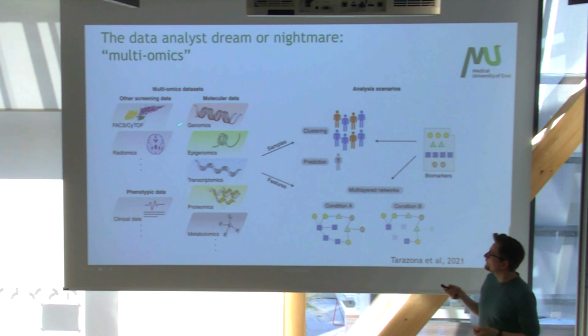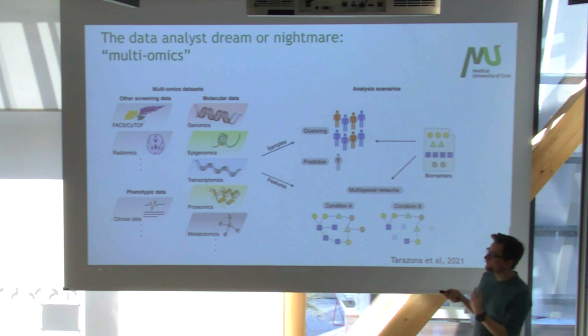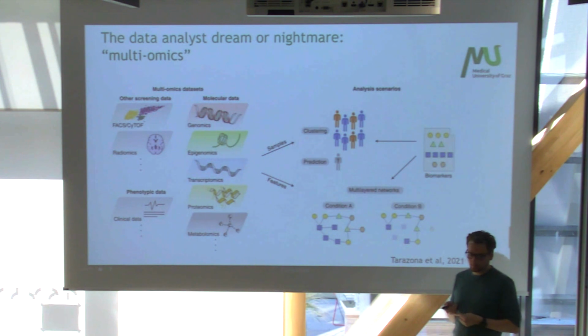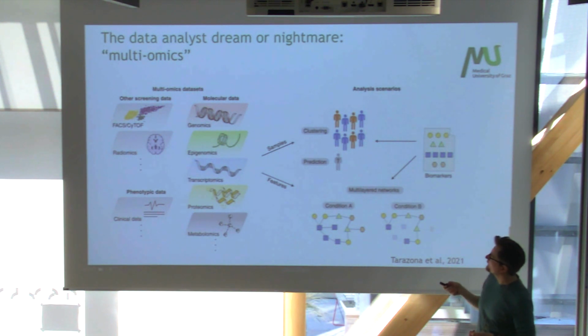That could be genomics, epigenomics, so how the DNA is methylated, transcriptomics, that means which genes are expressed, proteomics, which are translated into proteins, metabolomics, and so on and so forth. And also the combination with other techniques that are not the classic omics, like fluorescence-activated cell sorting, for instance, or radiomics, brain scans, clinical data. So it's really a complex data set.